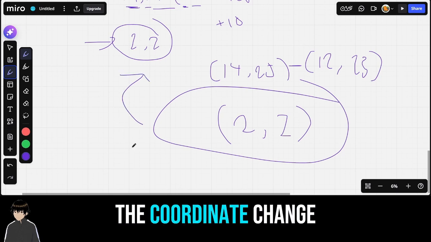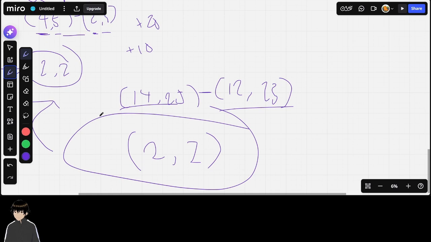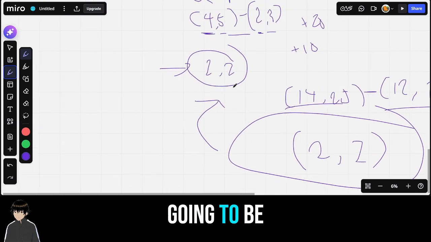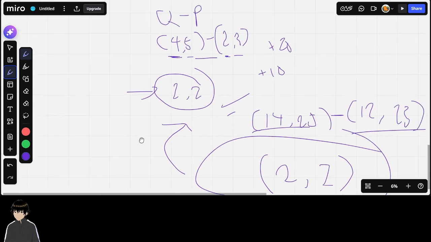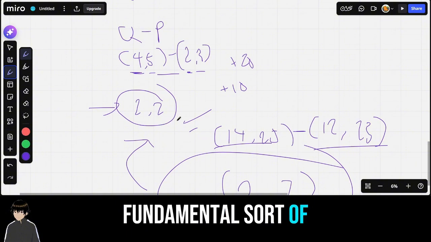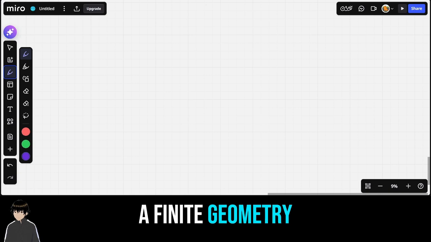So regardless of the coordinate change, the displacement is also going to be the same in the vector. So that's a fundamental idea in affine spaces and affine geometry in general.